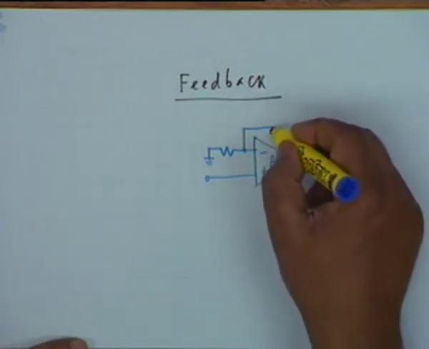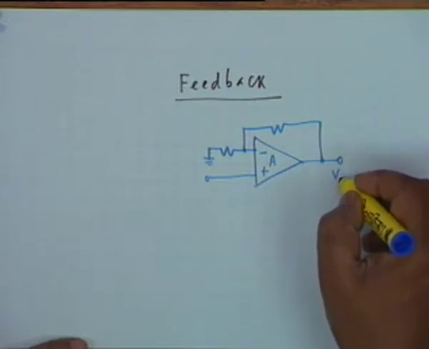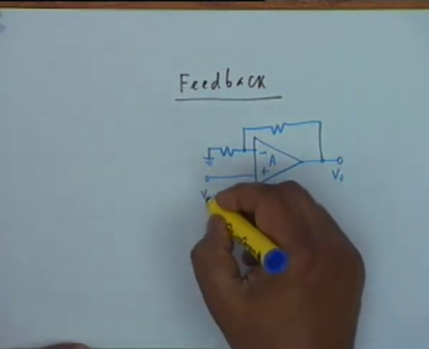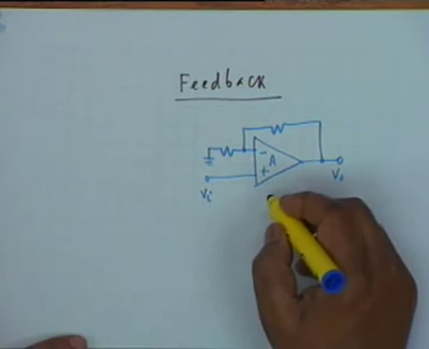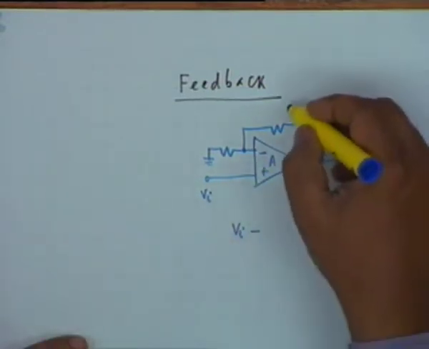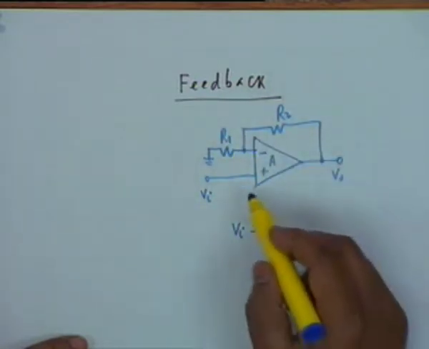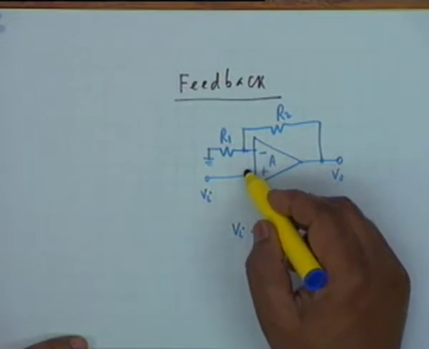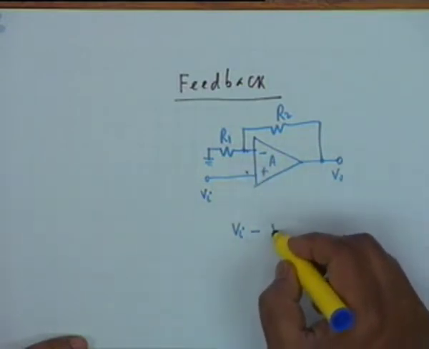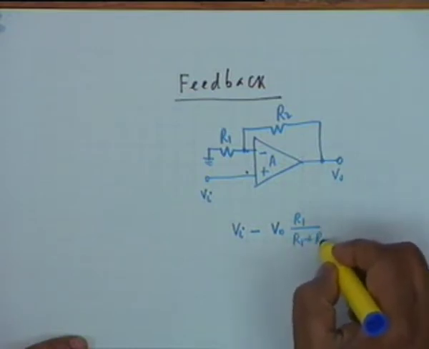use a resistance here and a resistance here. So what is being actually done is that the actual input to the amplifier is Vi minus, if this is R2 and this is R1, the actual input to the amplifier between these 2 points is Vi minus V0 R1 divided by R1 plus R2.